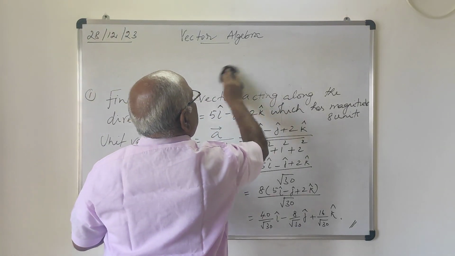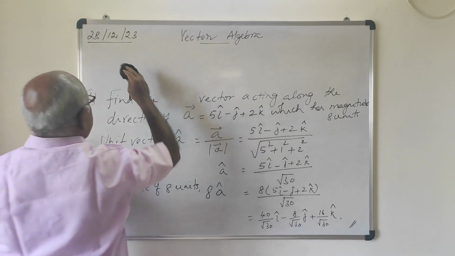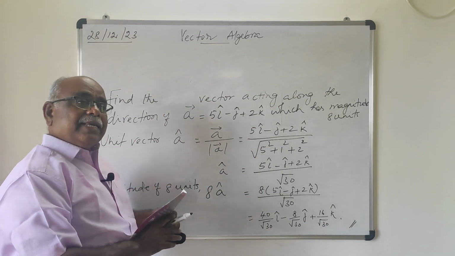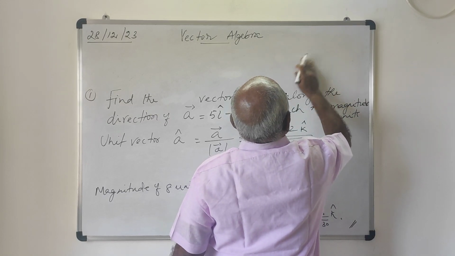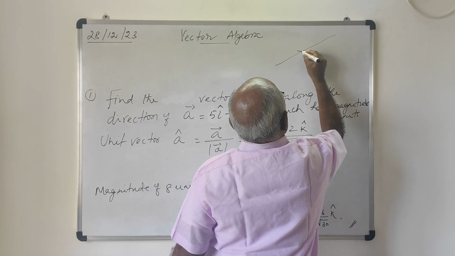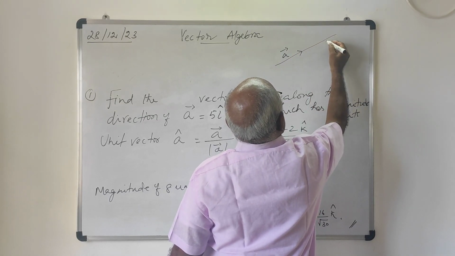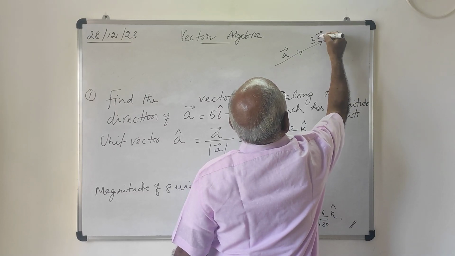Those two vectors are collinear vectors. If two vectors act in the same direction, along the same line, that is called collinear vectors. See, this is a vector A. In the same direction, if you consider, that is 3A vector.